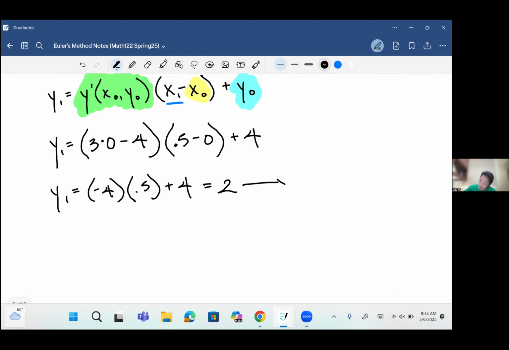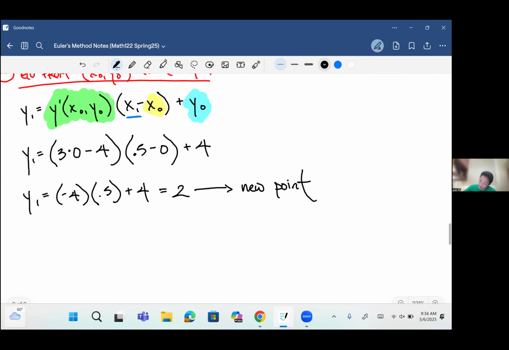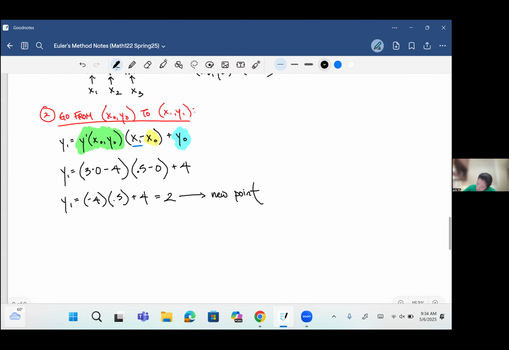And what this means is our new point, x1, y1, is going to be 0.5, comma 2. And if we think about that on the graph, what that means is that at 0.5, it has a y value of 2.